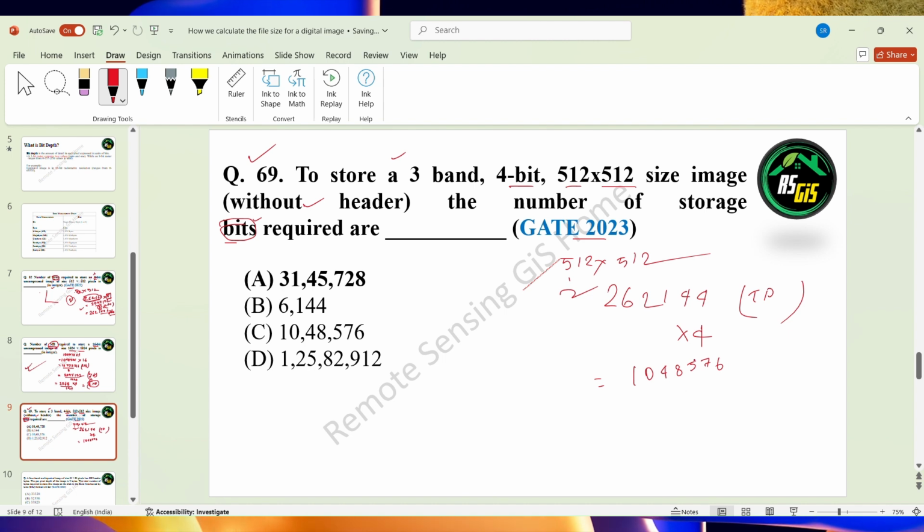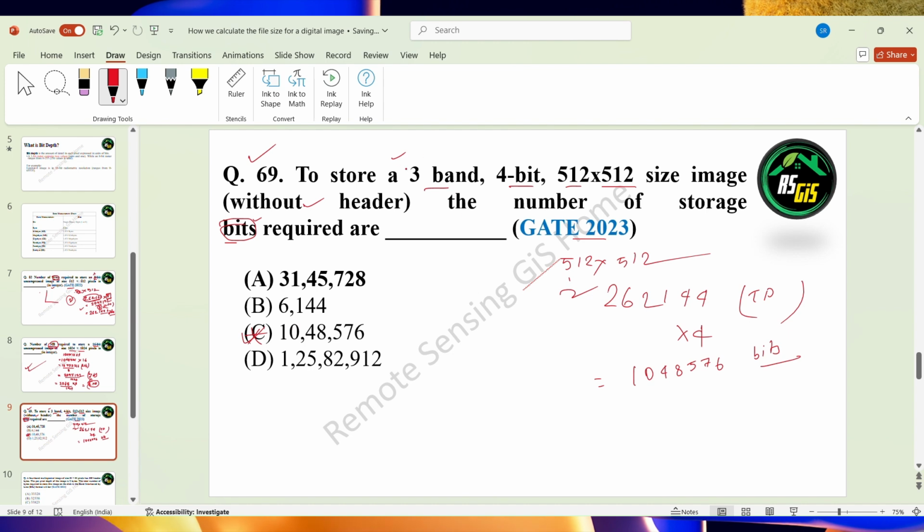And they are giving that it stores 3-band images, so we get the value in bits. The answer option given is 1048576, so all of you think answer C will be right, but this is the wrong answer.